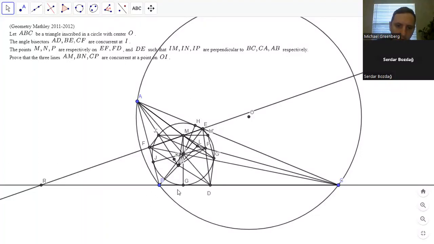Okay, so we'd have B, G, M, E, and we'd want to see how that works. So BG intersects ME at R, and then BE intersects MG at I. So we want to show that. Yeah, how does that work?